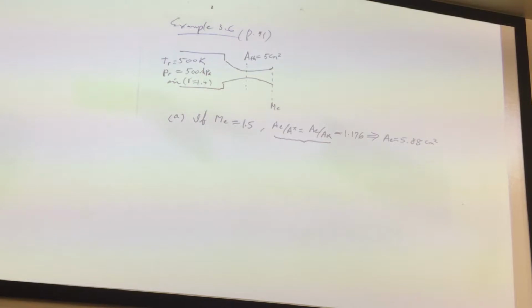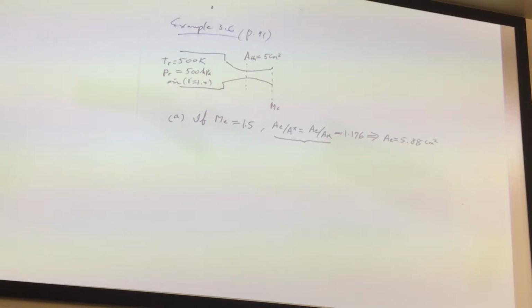Because your exit Mach number is 1.5, that means the Mach number at the throat has to be 1. Otherwise, it's not possible, right? We already talked about that in supersonic flow, when dA is greater than 0, Mach number and velocity increase.